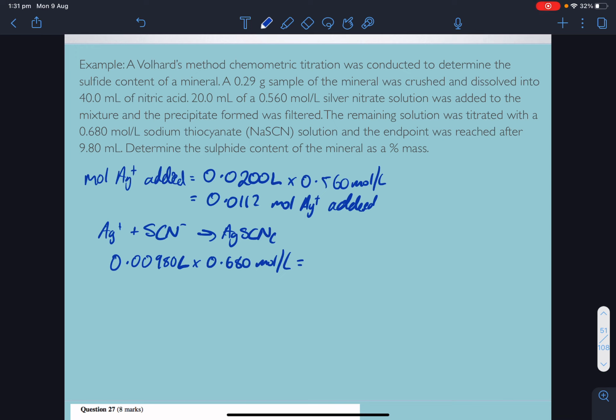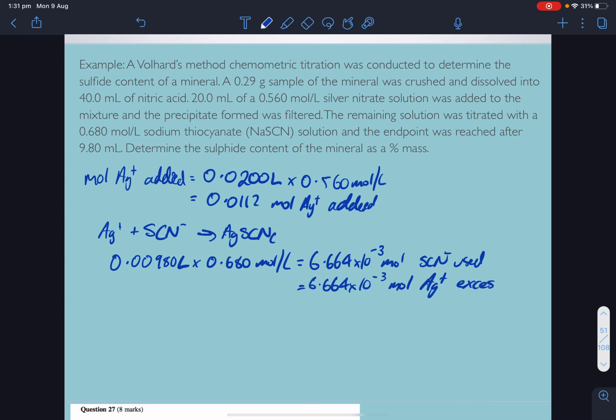We'll get how much thiocyanate we used, and therefore how much silver was there. 0.00980 times 0.680 equals 6.664 times 10 to the negative 3 mole SCN used. Because it's a 1-to-1, 6.664 times 10 to the negative 3 mole of silver was excess.